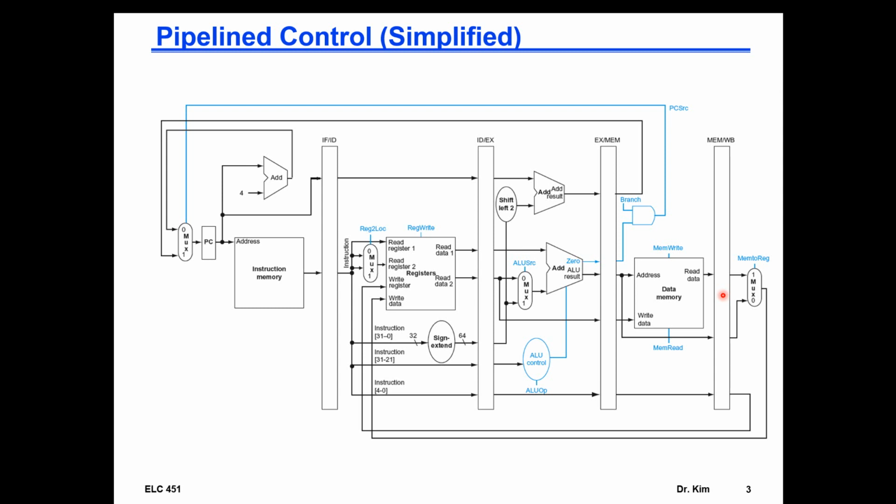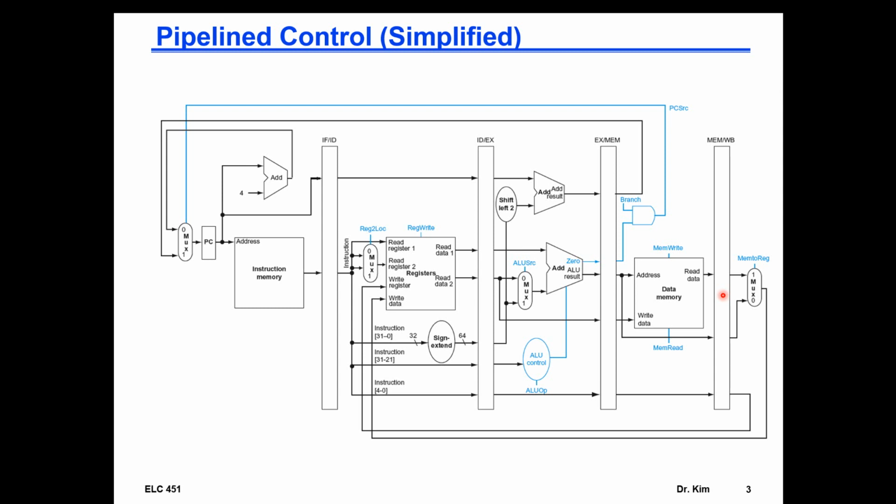This is the pipeline data path that we had with the pipeline registers. And we had put the control signals for data steering, for the muxes, and for the reading or writing of the memory and the register file, and also for the branch flag.